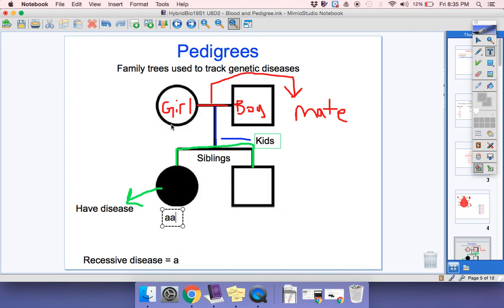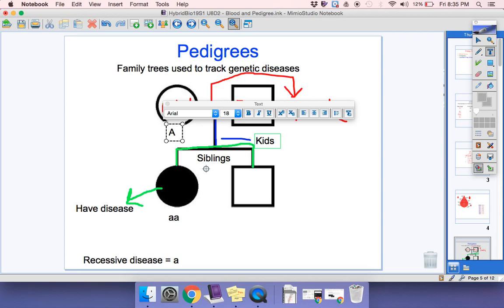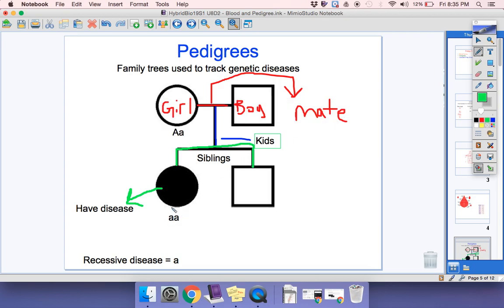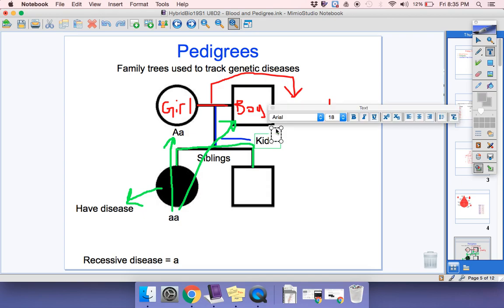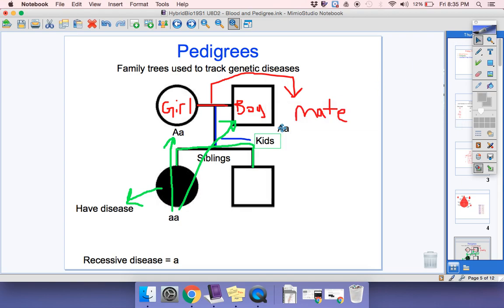The mom does not have it, so she gets a capital letter. And then she has to have a lowercase letter because this daughter gets one of her lowercase letters from her mom, one from her dad, meaning that if they don't have a lowercase letter to give, she could not have the disease. So the dad must have a capital A, lowercase a, as well as his genotype.